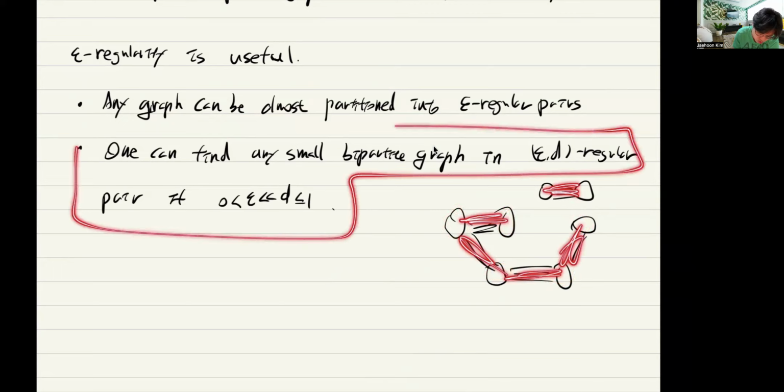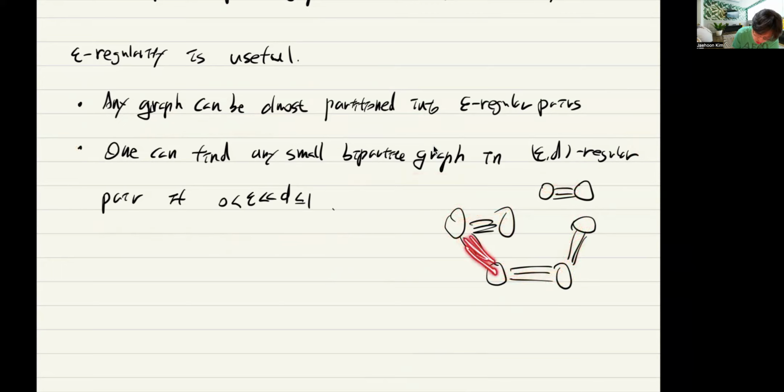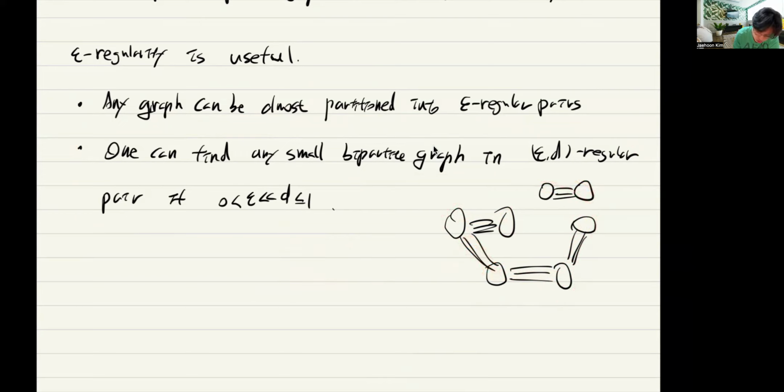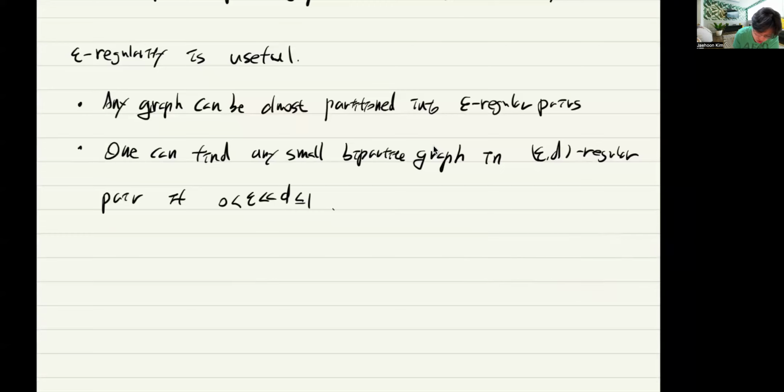And then you use the second fact that if you have an epsilon regular pair here, if certain conditions are met, then you can find H in here. That's ensuring that you find H inside of G, because this is G. So that's philosophically how we can use this concept in graph embedding problems.